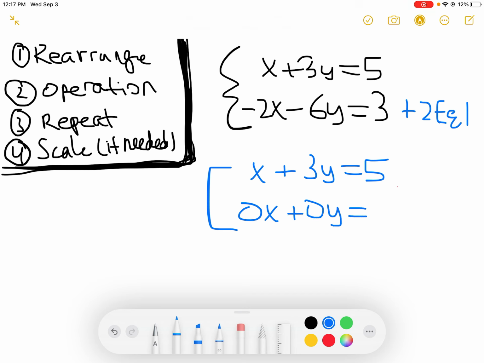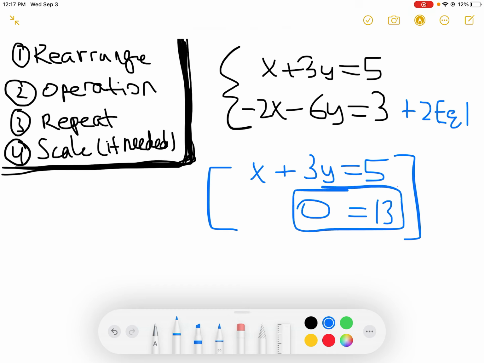And then 3 plus 2 times 5, that's 13. Now, this right here is 0, because both of those are 0. And that's what we get now. We get something that says 0 equals 13, which is not true.